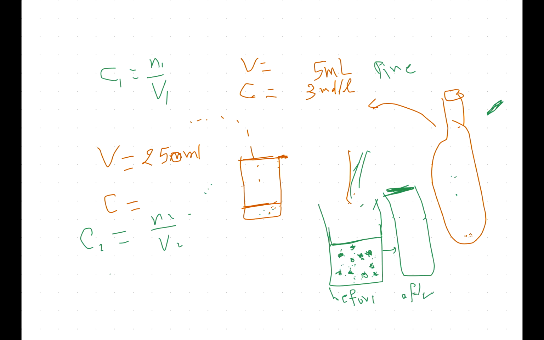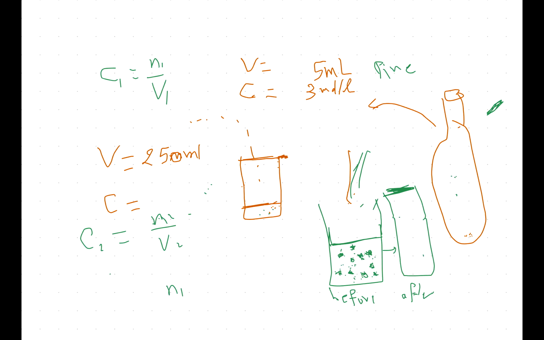Are you able to think about it this way? Are you understanding me? Yes, yes. Okay, so what is here? The nuts are the N. Is the number of moles changed before and after? No. So N1 equals N2. Memorize it.